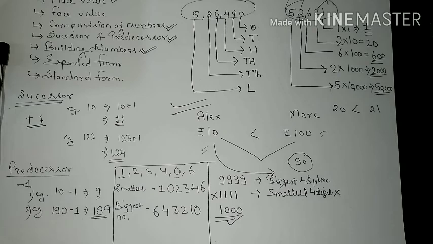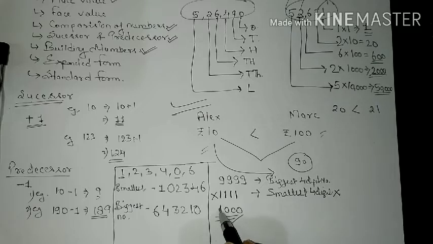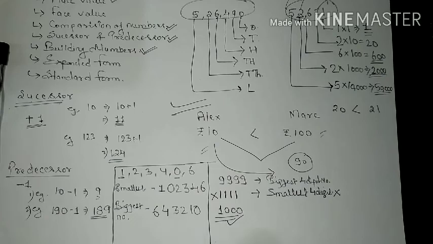Because you know that the smallest digit is 0, but you cannot use all 4 zeros. So for that, what you can do is you can use 1 in the beginning, and after that put 3 zeros. Okay, so this will be the smallest 4-digit number.